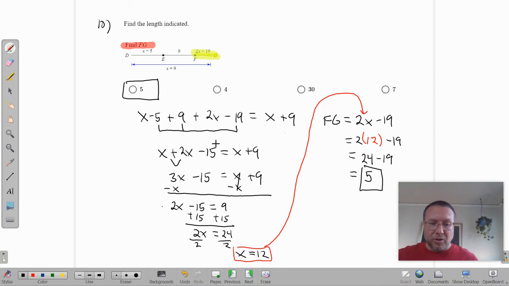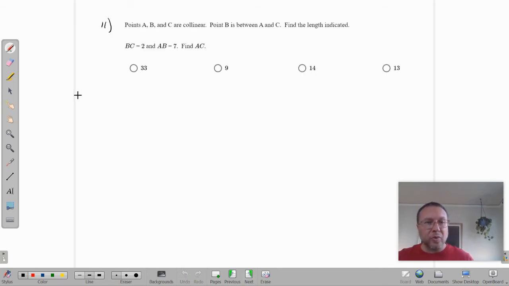All right, so pause here, or we will move on to number 11. Number 11 says points A, B, and C are collinear. So we have to figure out what that word collinear means. That prefix co means with, like a companion, someone that's with you.